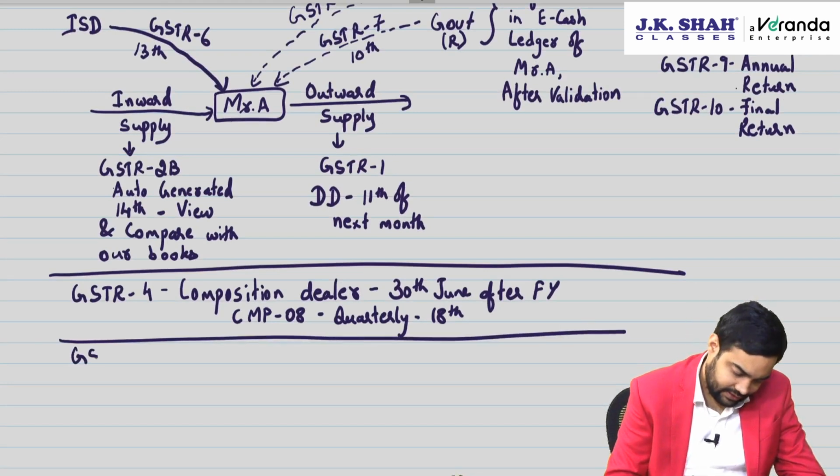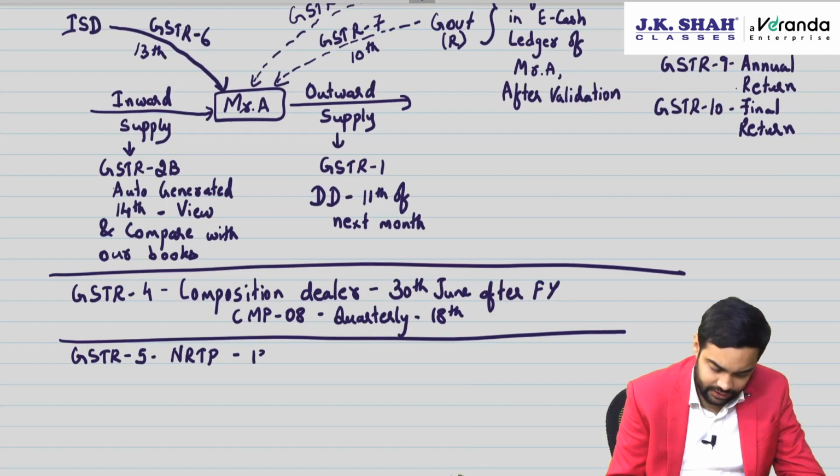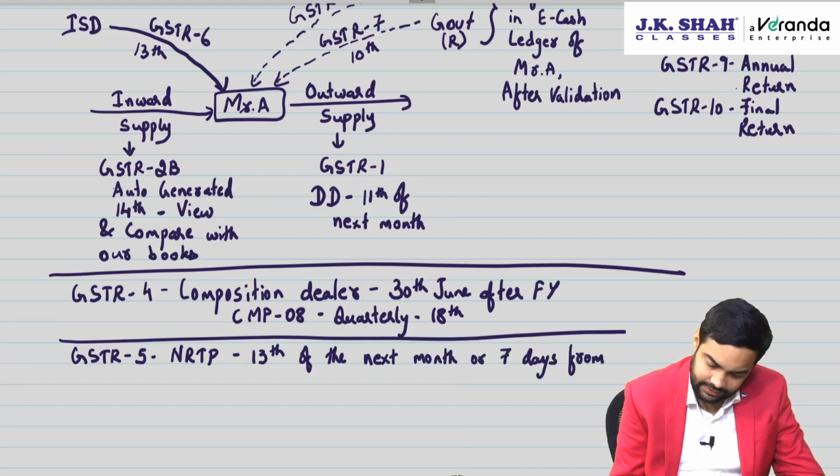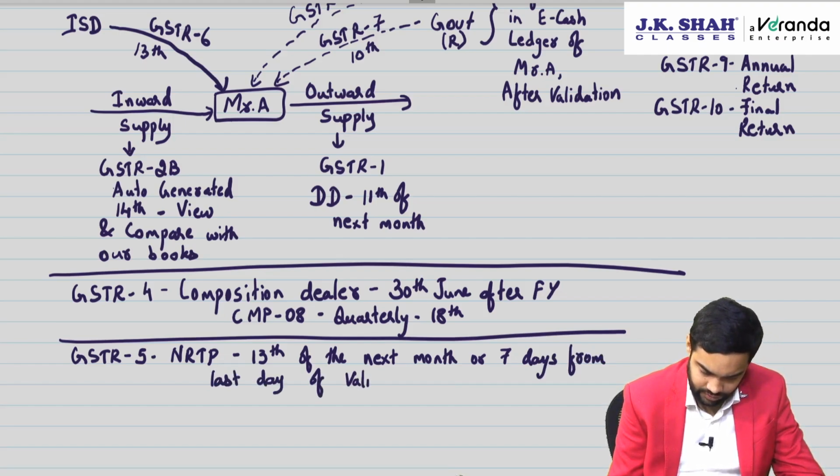Then you have GSTR 5. GSTR 5 is filed by NRTP, and the due date is 13th of the next month or 7 days from last day of valid registration, whichever is earlier.